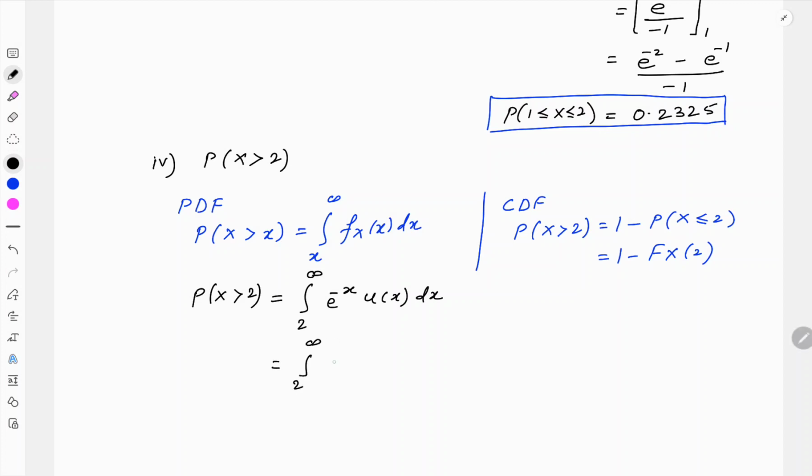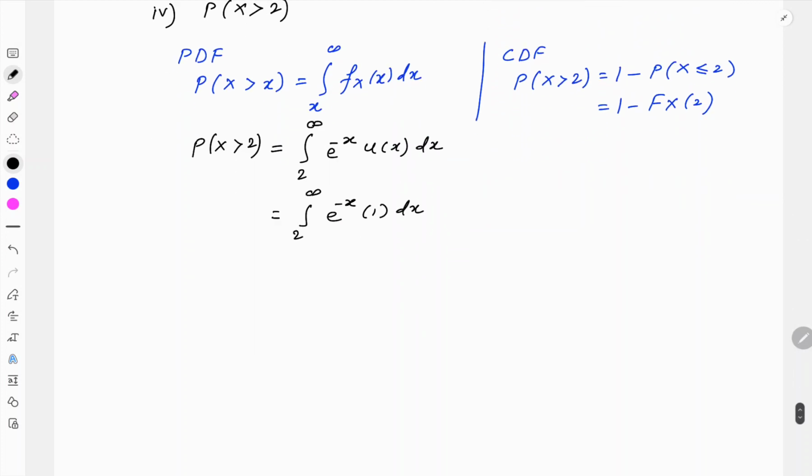Integration 2 to infinity, u of x is 1 for this interval dx. So e raised to minus x upon minus 1 with the limits 2 to infinity. So upper limit is infinity, so e raised to minus infinity minus e raised to minus 2 divided by minus 1.